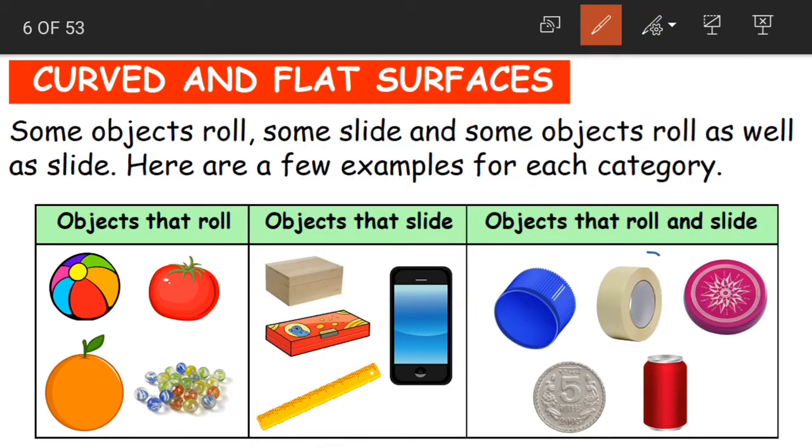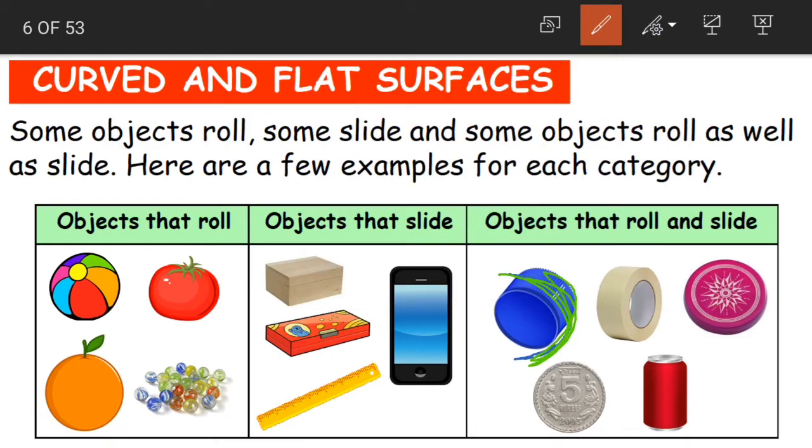When we push the object on the curved surface, the object will roll. When we place the object on its flat surface and push, the object will slide. The same is with the other objects also here.